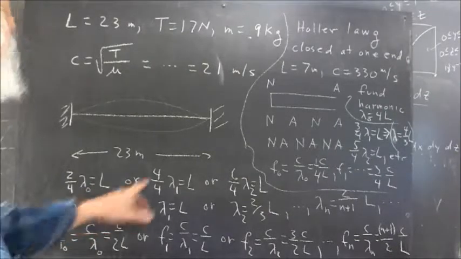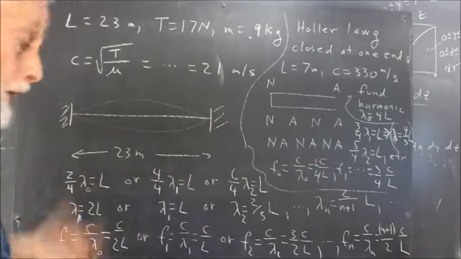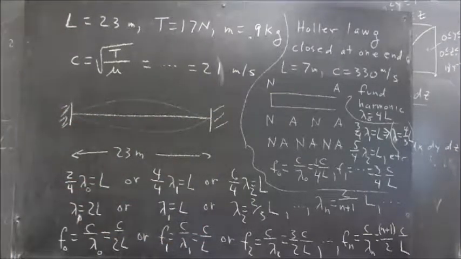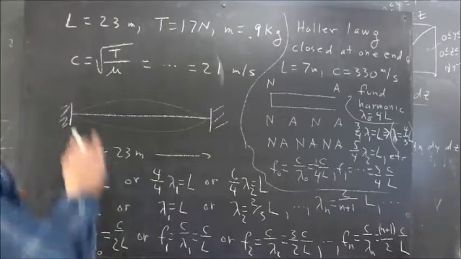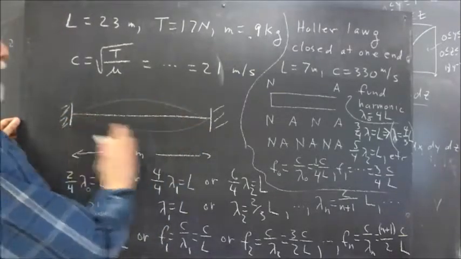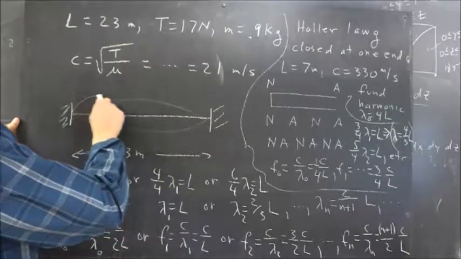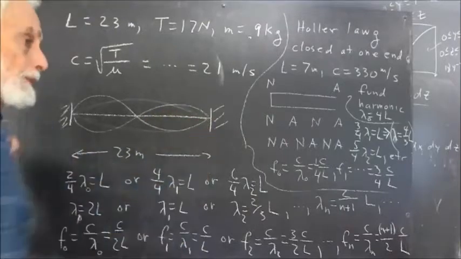Or we could have 4 quarter wavelengths in here. We know that if there are nodes at both ends from the pictures that we saw just a minute ago in the last video, we can have nodes at both ends, and we could have an antinode, then a node, then an antinode, and a node. In other words, our wave could look like this as it goes back and forth.